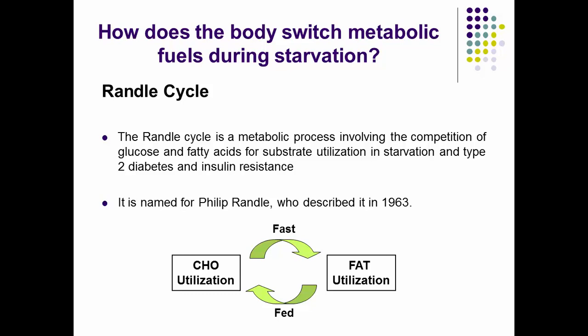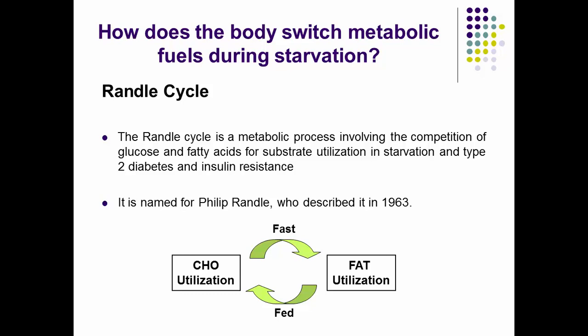So this kind of switch is actually a sort of competition for the fuel utilization between carbohydrate and fat, or between glucose and fatty acids, right? Why don't we use fatty acids in the fed condition and use glucose, or why don't we use glucose and utilize fatty acids in the fasting condition? So there is sort of competition.